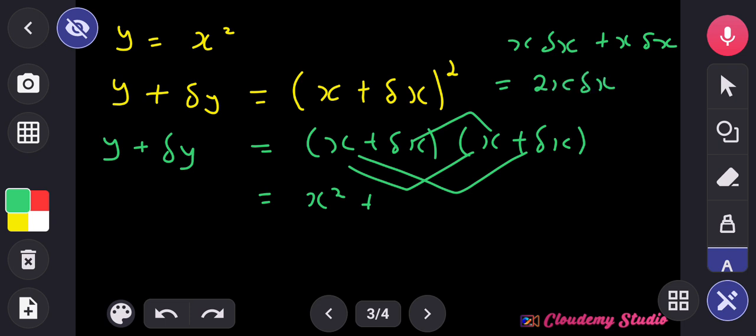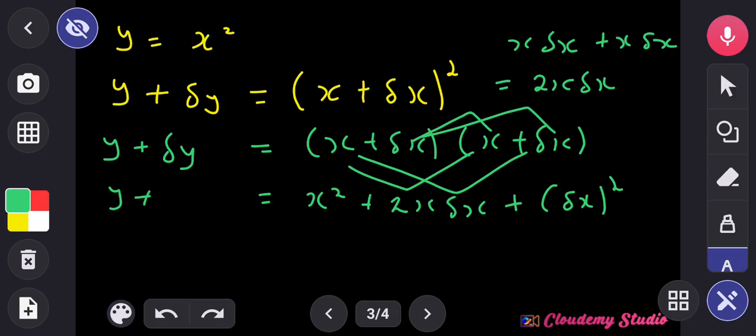So that is x squared plus 2x delta x plus delta x squared, for y plus delta y.